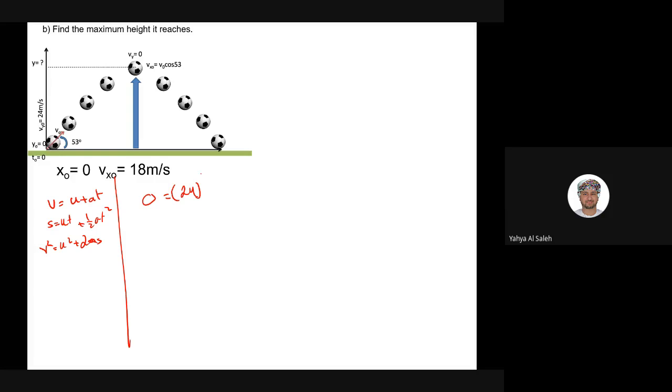So 0 equals 24 squared plus 2 times my acceleration, minus 9.8, times the distance. And if I rearrange, I will get my distance to be 29.4 meters.